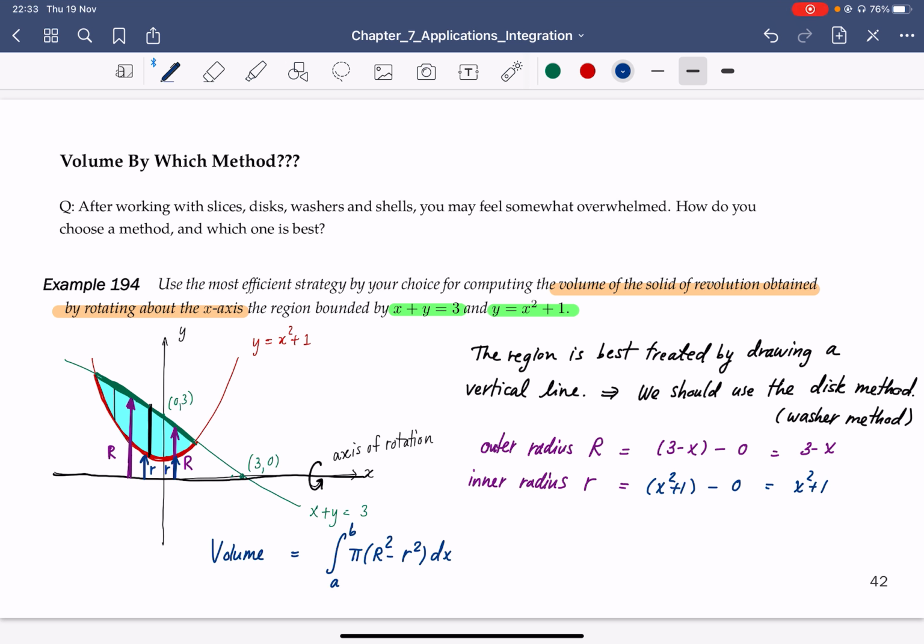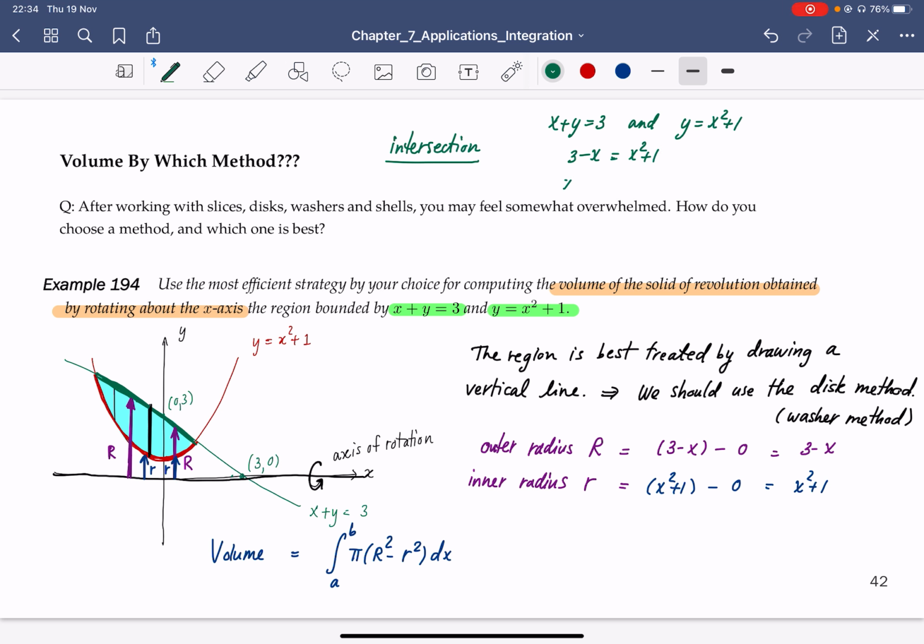So that means you need to find the intersection first. So let's find the intersection. We have x plus y equal to 3, and we have y equal to x squared plus 1. So that means you have 3 minus x equal to x squared plus 1.